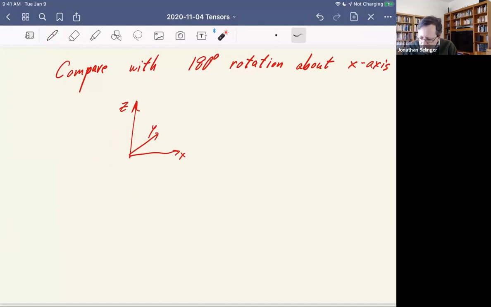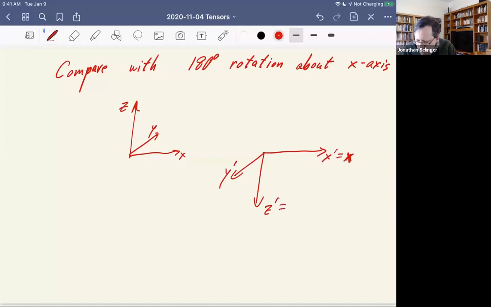So that after the rotation, X stays the same and Y changes to negative Y. So Y prime is negative Y. And Z prime is negative Z.